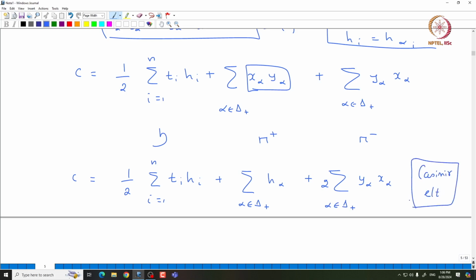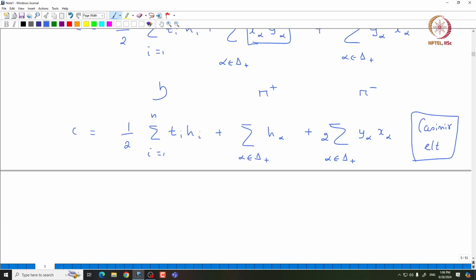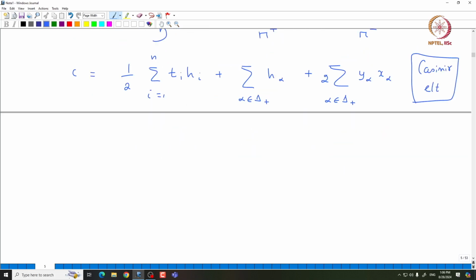We are going to use this Casimir element to compute how it acts on V_μ, and then we will compute the trace of this. To do that, let us call this the first summand, this the second summand, and this the third summand.